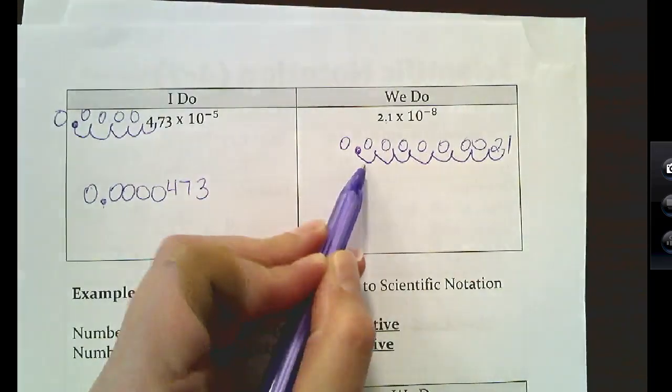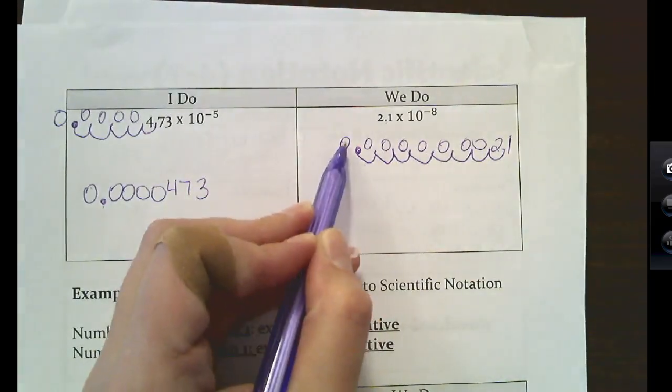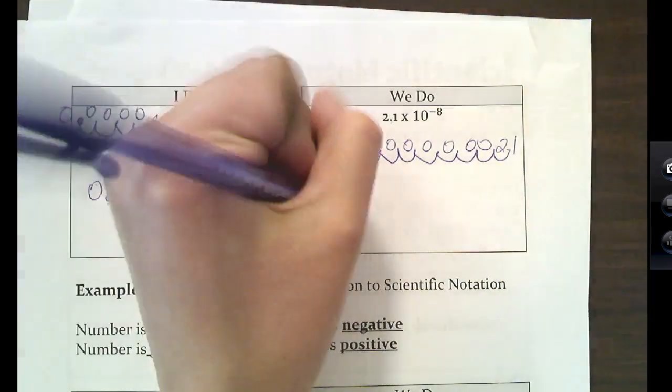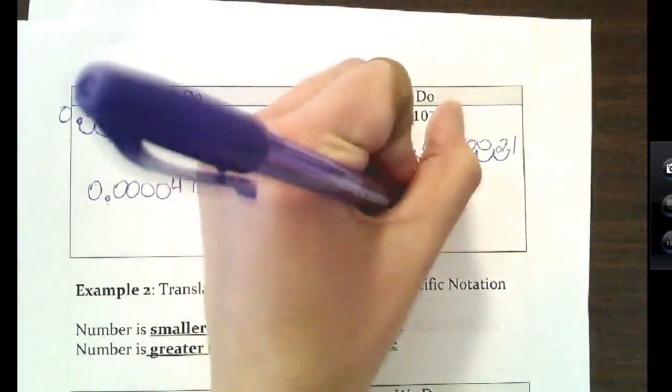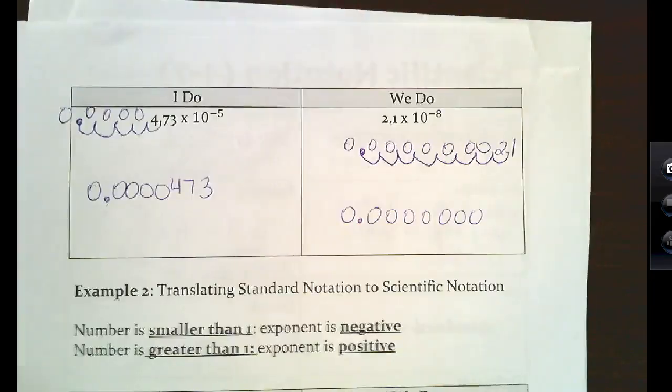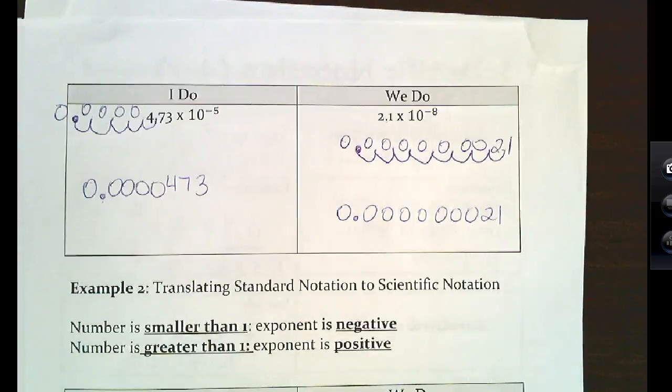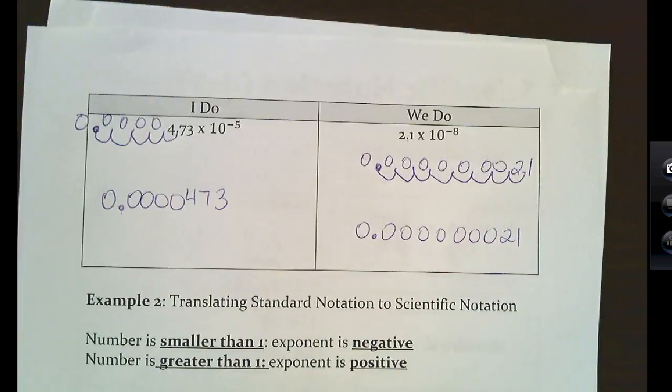So we move it 8 spaces to the left. I love how you mentioned we have to put the 0 before that decimal. So it's 0 point. Looks like I have 1, 2, 3, 4, 5, 6, 7 zeros, and then that 2 and that 1. Any questions on converting scientific notation to standard notation?